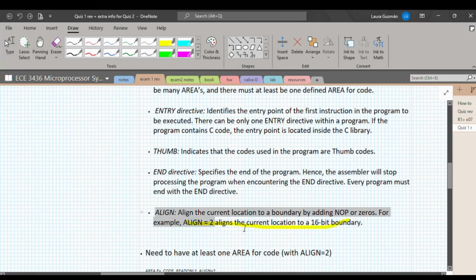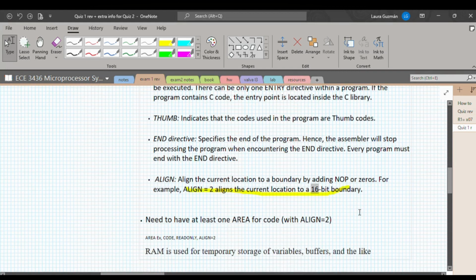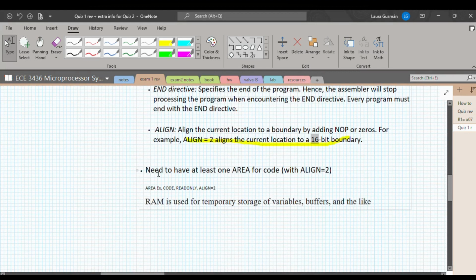And this part, few of you actually explained it, but you have to say, okay, align 2 basically aligns the location to this many bits. This can change, so you will have to say, if it's align 4, that's a 32 bits boundary. Okay, and you always need to have at least one area, one line minimum.